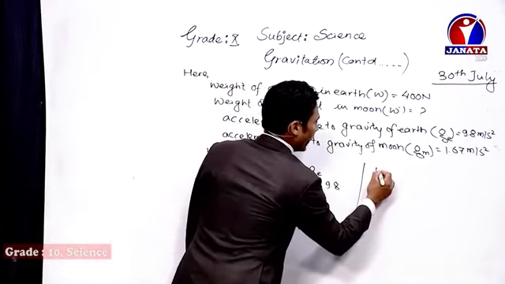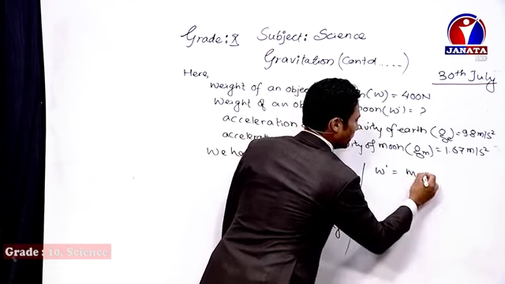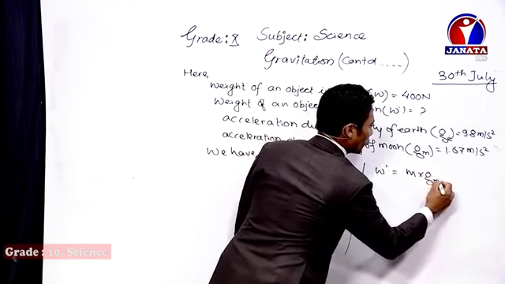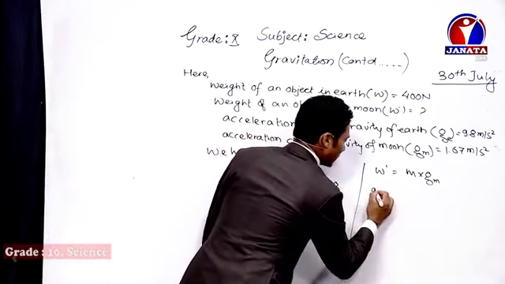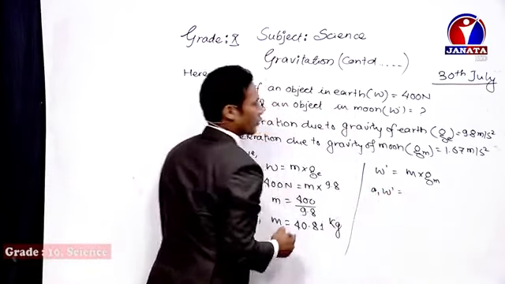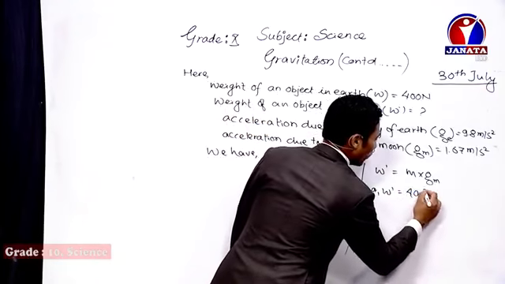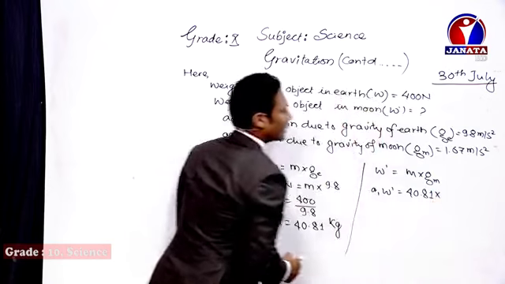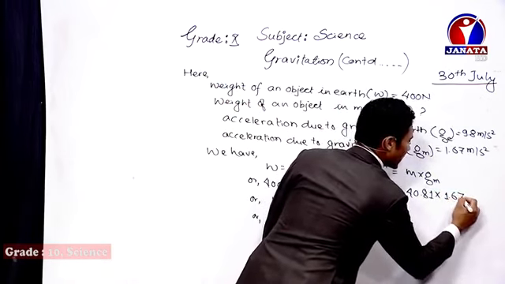Now the weight on the moon, W dash, equals again M into g_M, the acceleration due to gravity at the moon. So we need to calculate this. W dash equals, mass we have already found here, 40.81, and this g is 1.67.